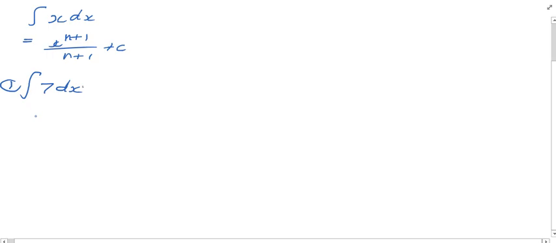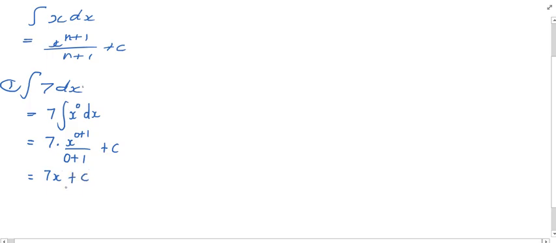So as we apply the rule, this is the same thing as 7 times the integral of x to the power of 0 multiplied by dx, which is 7 multiplied by x to the power of 0 plus 1 divided by 0 plus 1 plus our constant c, which will give us 7x to the power of 1 plus our constant c.